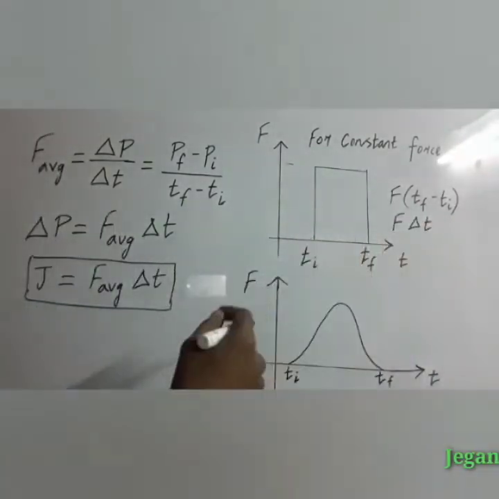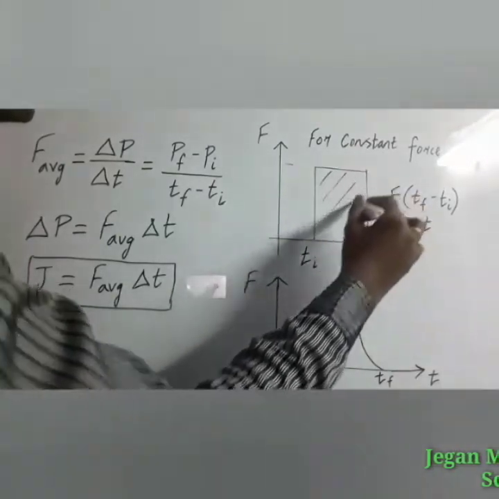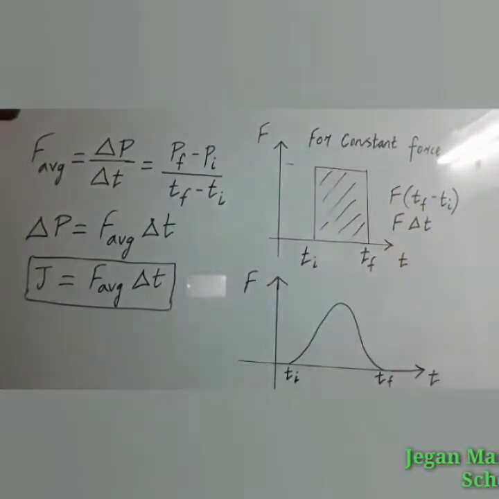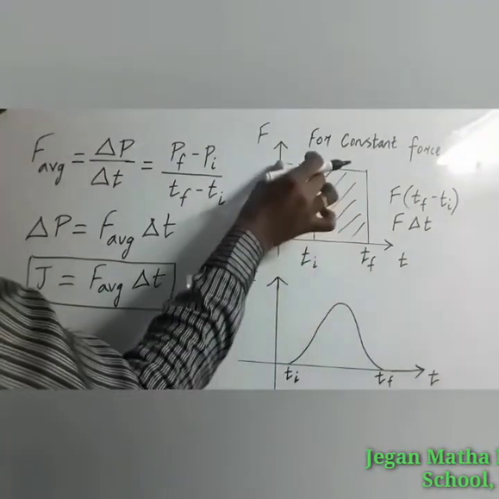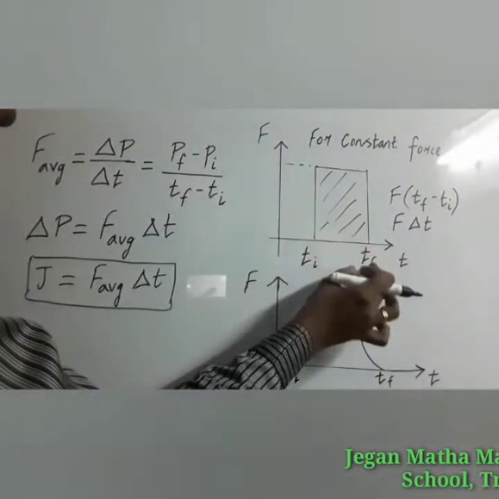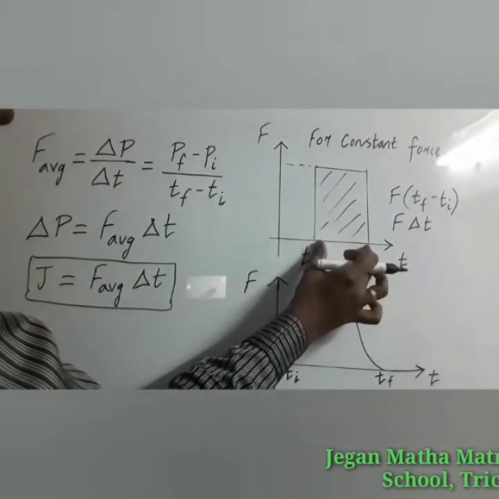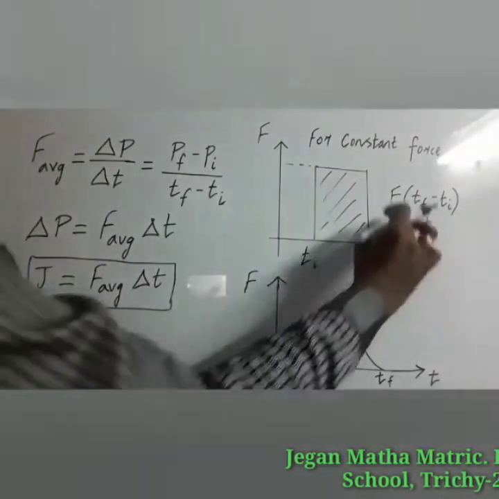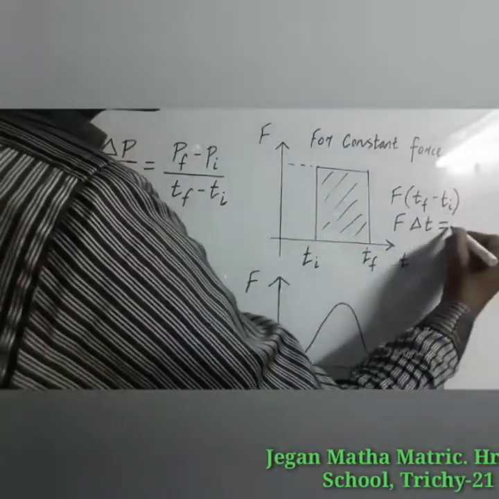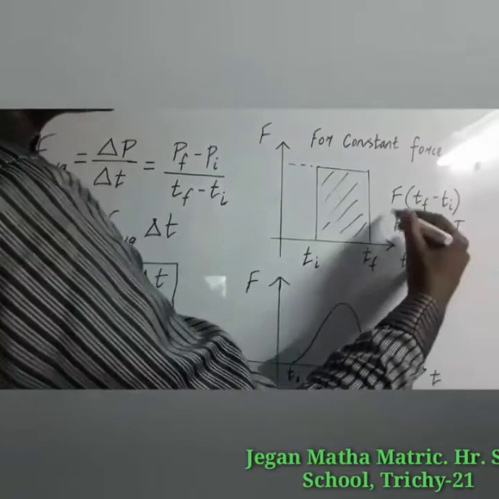With the help of the graph, how can we find it? We have to find the area of this rectangular shape, because this length will give you the value of force. This breadth, Tf minus Ti, will give you the time interval. So length into breadth, using that you can find the impulse given by the constant force.